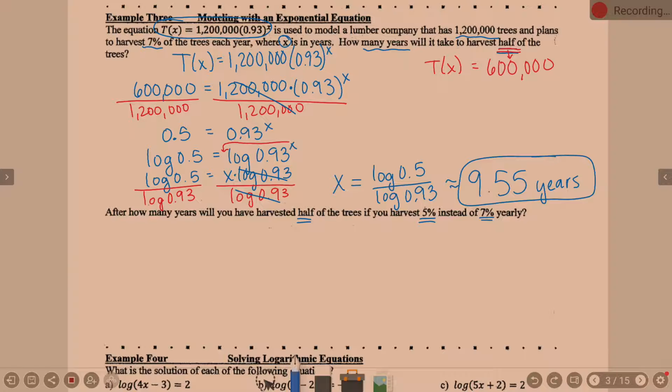0.95? Why 0.95? Because you're taking 5% away from 100%. Yeah, 5% from 100%. So the idea of you'd be doing 1 minus 0.05, which would put us at 0.95. So instead of using 0.93 from this, you would use 0.95.